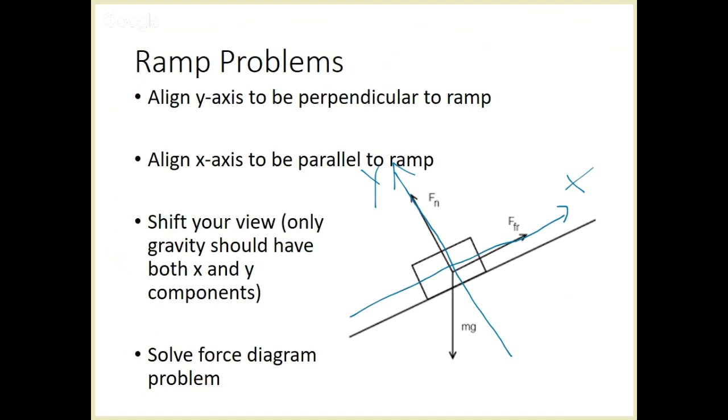And then I've rotated my coordinate frame so that I see it in a view that I'm used to, with y being straight up and x being to the right. And now my gravitational force has been rotated as well, by whatever the angle of the ramp is, away from its original position. So be prepared to do that on the test.